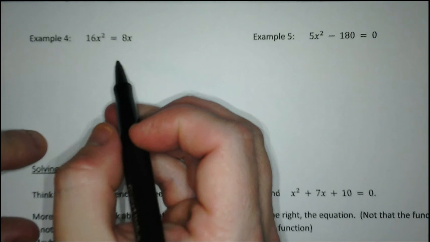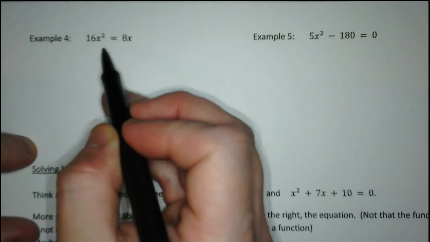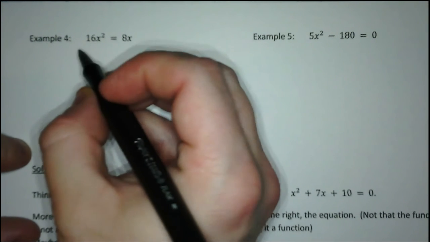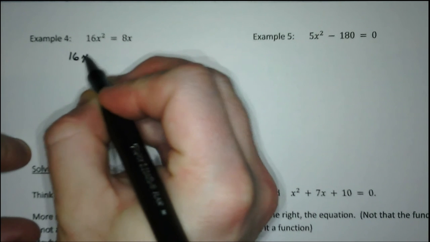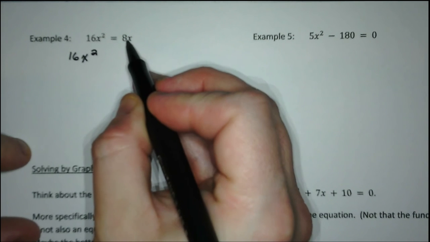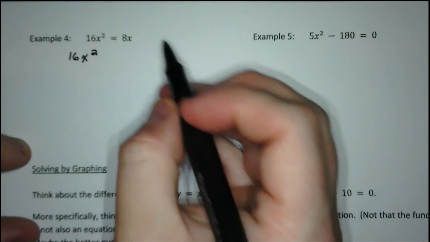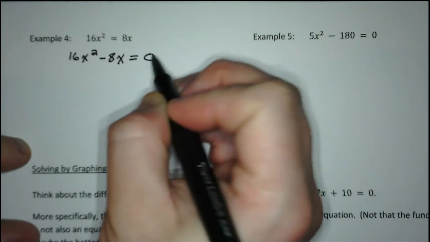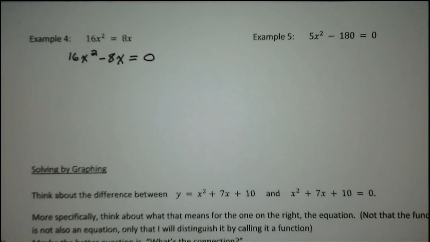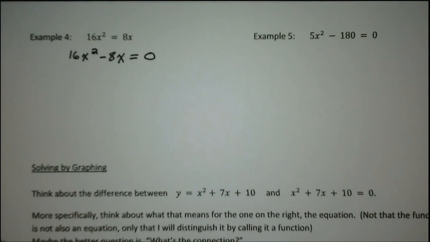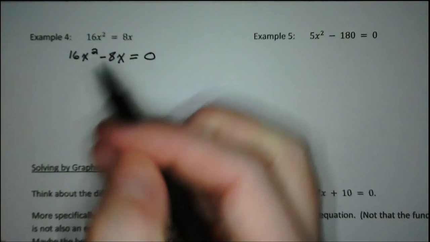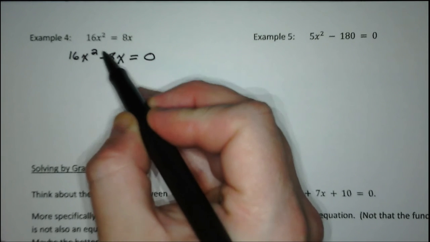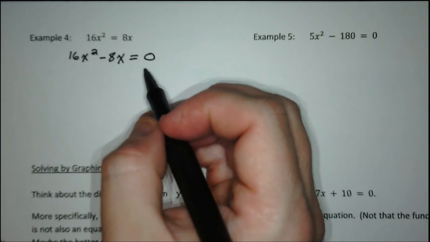Example number 4. Can we just get x by itself like we did back in 6th grade or 7th grade? No. So let's move that 8x to the other side by subtracting it. And so we end up with 16x squared minus 8x equals 0. We moved that term to the other side by subtracting it.